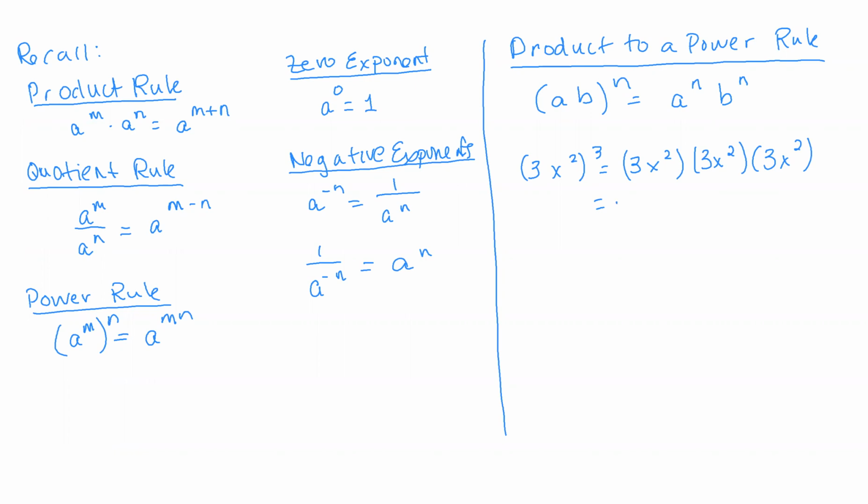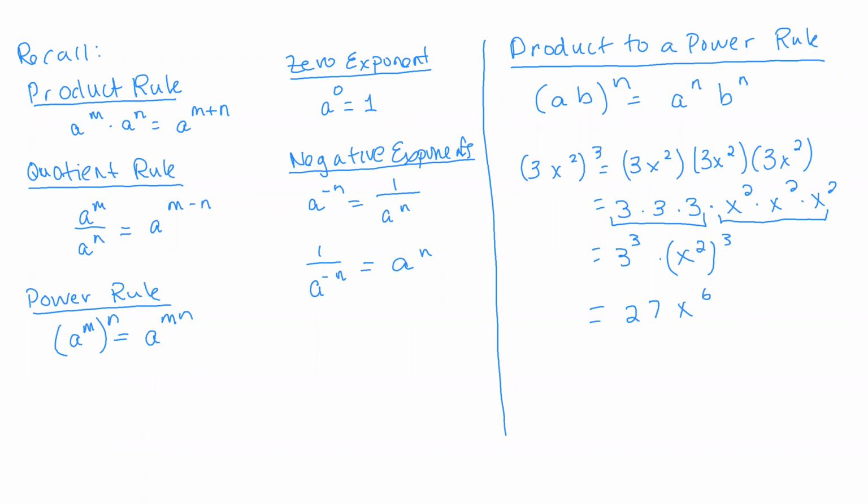So this is really the same as 3 times 3 times 3 times x squared times x squared times x squared. So now you can see that we had 3 of the 3 factor, we had 3 of the x squared factor. So this is really 3 cubed times x squared cubed, or 27x to the 6th.